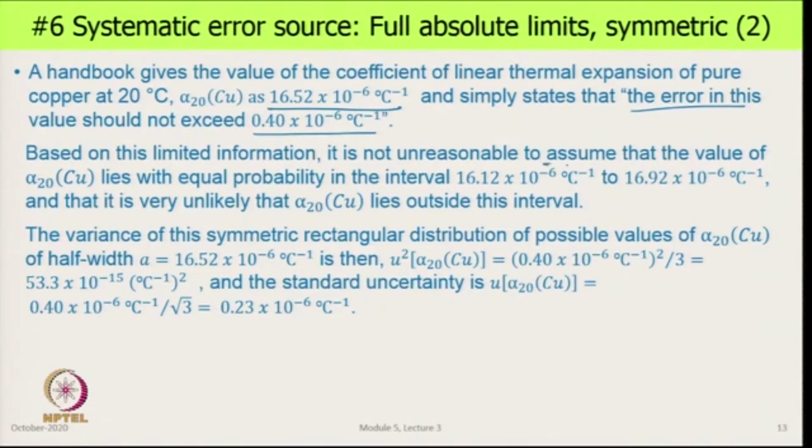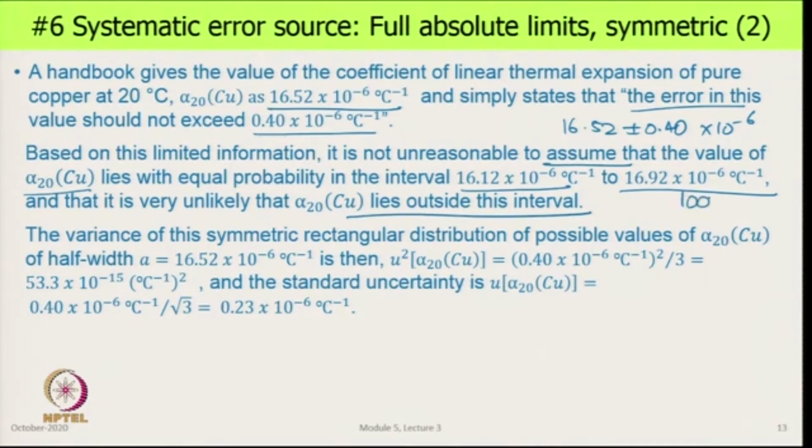So we can assume that the value for copper lies in this interval, 16.52 plus minus 0.40 times 10 to the power minus 6. It is very unlikely that any value lies outside this interval, so we are looking at 100% probability that the value lies within this interval.